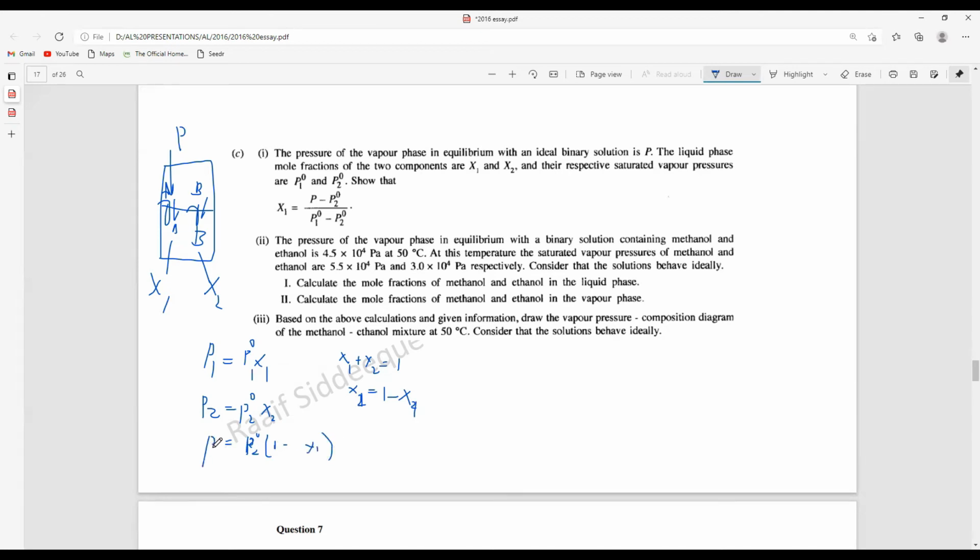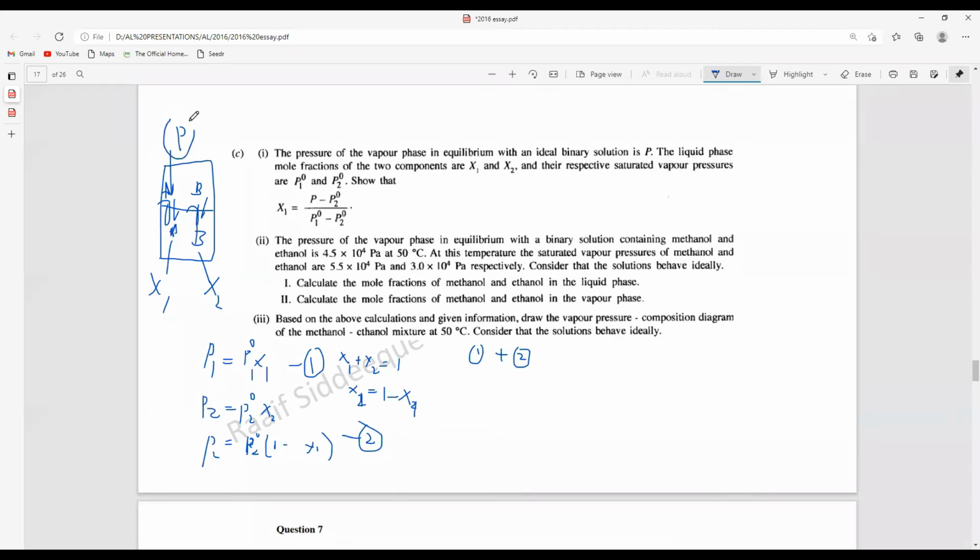This is my P2. Then you have two equations, P1 and P2. You can add these two. So 1 plus 2 will give you P1 and P2. This is the partial vapor pressure of A and B here for an example.